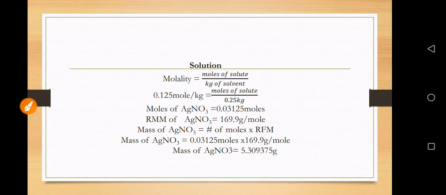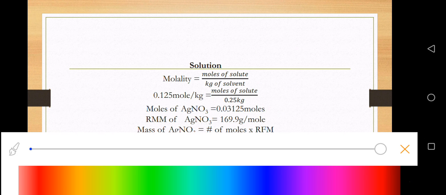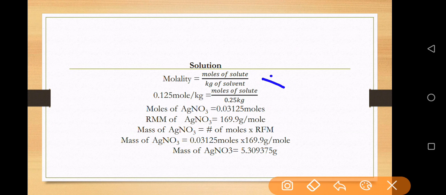In this formula, we can see here we have been given the molality, and we have also been given the kg of solvent. What is unknown is moles of solute. So let's make moles of solute the subject of the formula.